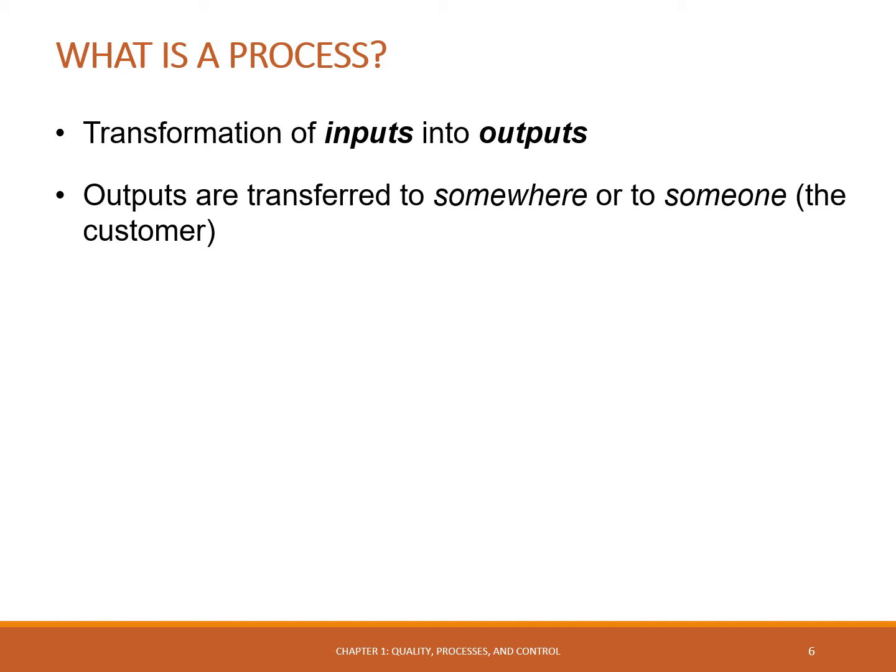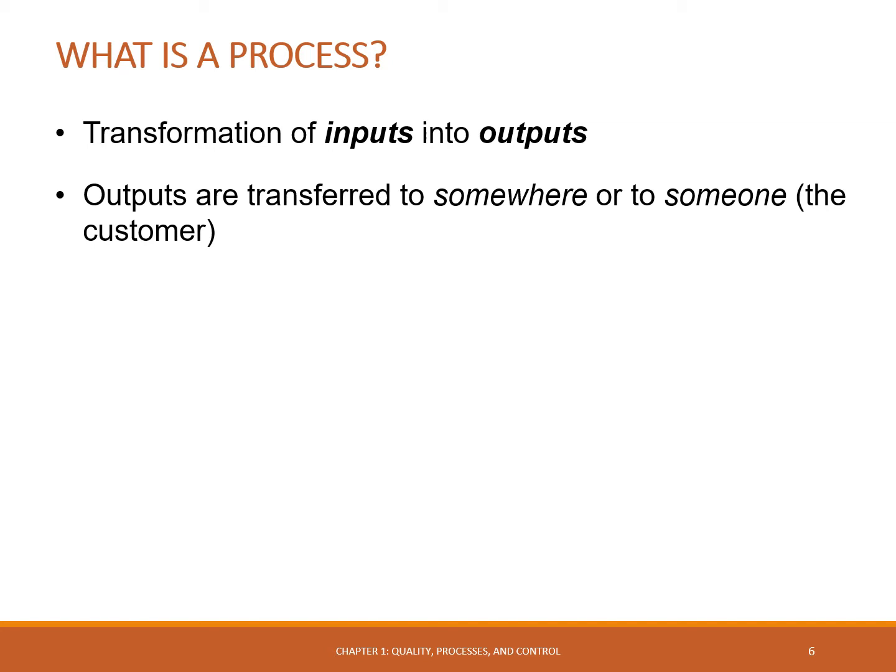And currently, the goal of the quality manager is to produce an output that meets the requirements or expectations of the customer. That's why defining, monitoring, and controlling a process is so important if we want to improve quality.